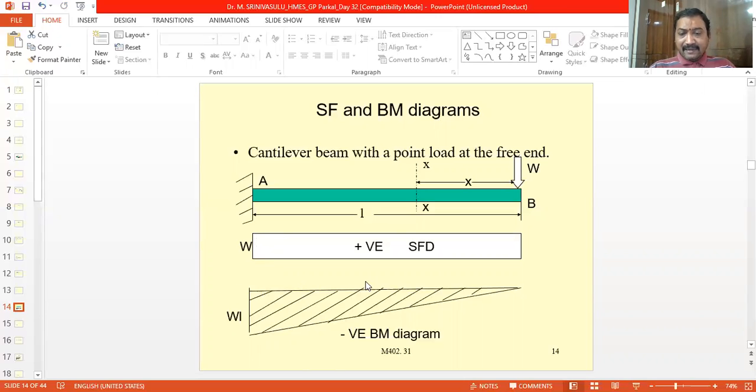That's why this is the zero line, so we have drawn below the zero line, that is negative. In this case the maximum bending moment will occur at the fixed end, and here the value is equal to W into L, where W is the load and L is the length, and the bending moment will be zero at the free end.